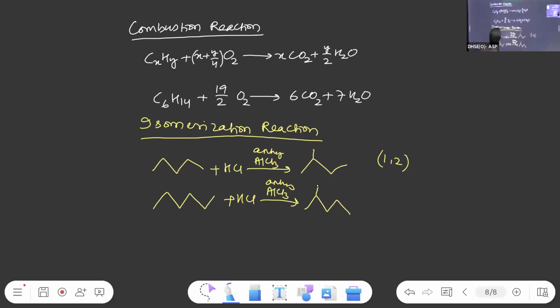Then pyrolysis, or cracking. It is the process by which high temperature or heat is given. Pyrolysis: upon giving the heat, the compound will be converted to lower compounds. Like suppose you are taking C8H18.